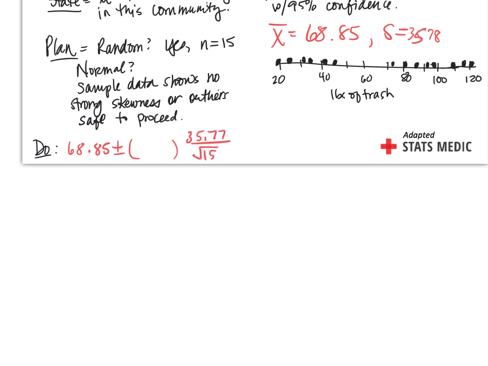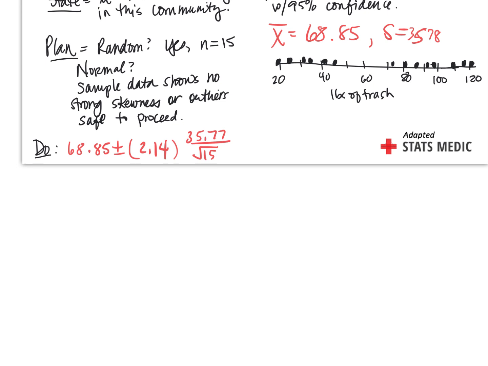Now, I'm doing 95% confidence, so while I'm in here, I'm going to do my inverse t. Inverse t would be 4, and I want 0.025. How many degrees of freedom would this set have? n is 15, so degrees of freedom is 14. It's just minus 1. So 2.14 is my t star.